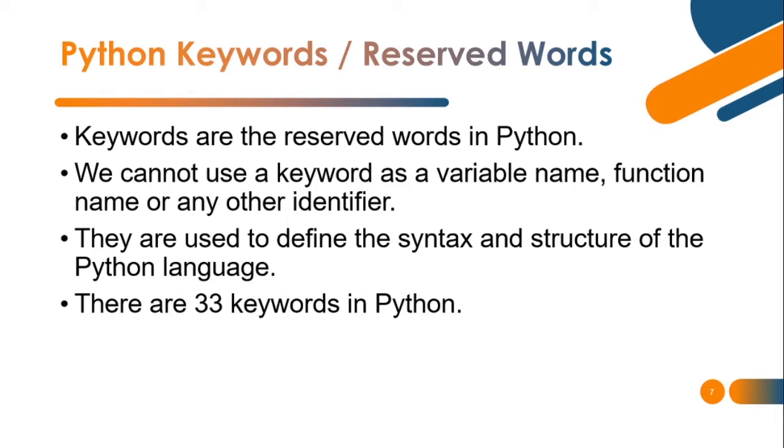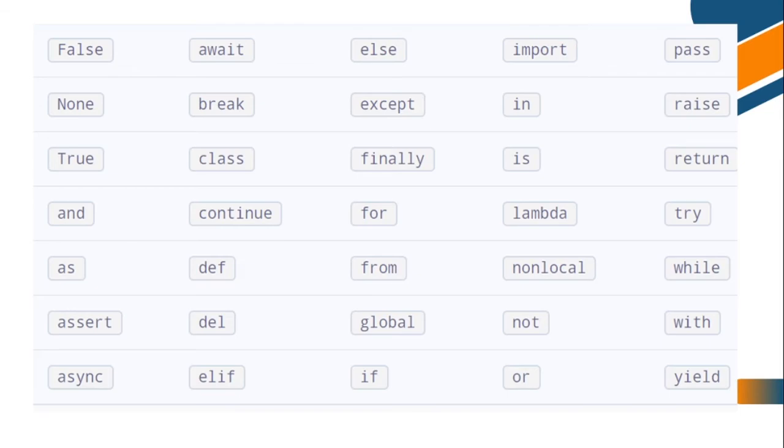Pag ginamit mo siyang name ng identifier mo, mag-e-error yung program or magkakaroon ng warning. I will show you the different keywords in Python. Yan, so we have False, None, break, class, finally, lambda, from. We cannot use these words as the name of our identifier. So hindi mo to pwedeng gamitin.